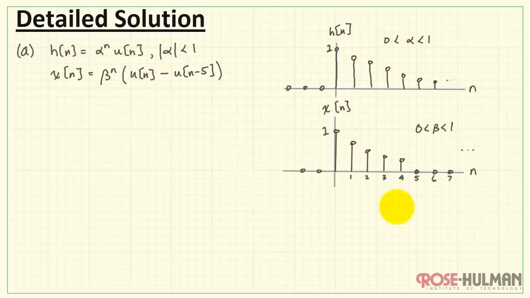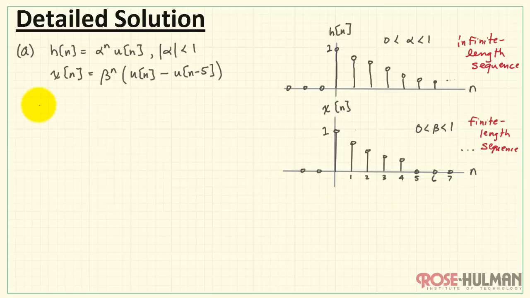All right, let me take the impulse response and the input and place those over here. Now our impulse response is infinite length, but the input is finite length. Now we know that the output is the convolution of the input and the impulse response.